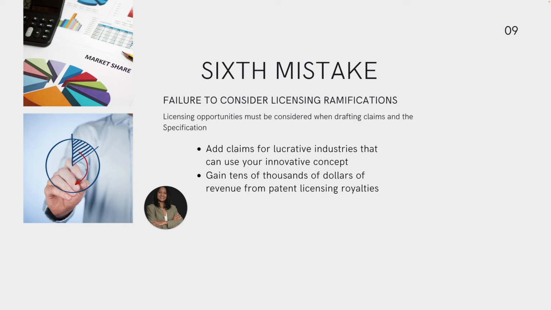So that would be the solution, is to add a claim, or at least have one set of claims that go towards where the money is. Follow the money. You possibly can gain tens of thousands of dollars of revenue from patent licensing royalties when you avoid this particular mistake.